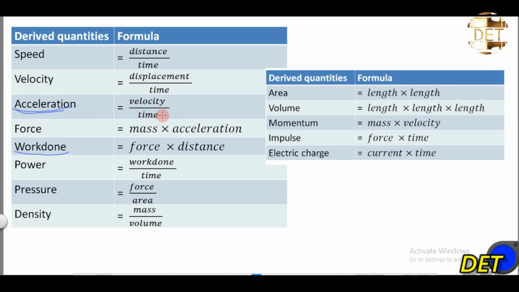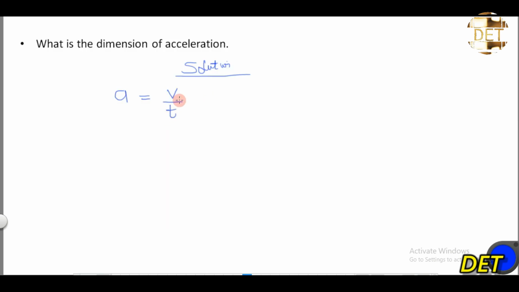Time is a fundamental quantity and the dimension is capital T, but velocity is a derived quantity. So what would you want to do? You want to look for the formula of velocity, because dimension is all about expression of physical quantities in terms of fundamental quantities.